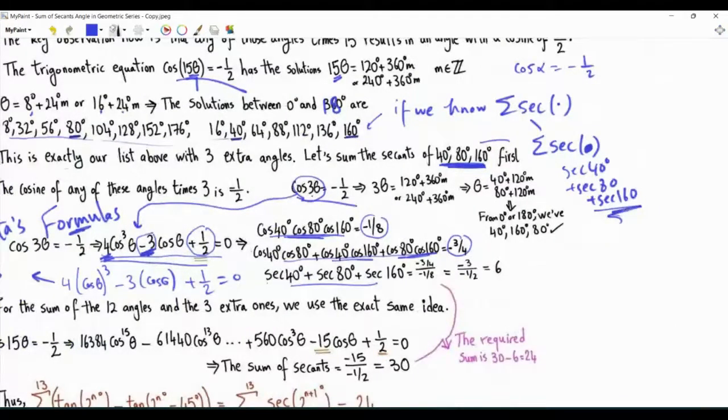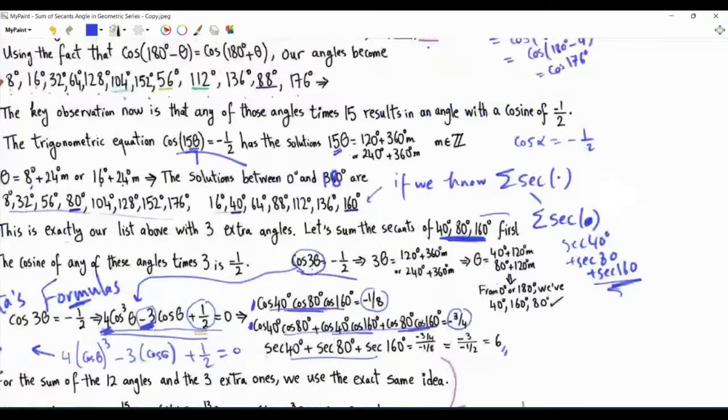The desired sum is basically this equation divided by that equation. And so this summation is minus 3/4 divided by minus 1/8, and this is equal to 6.